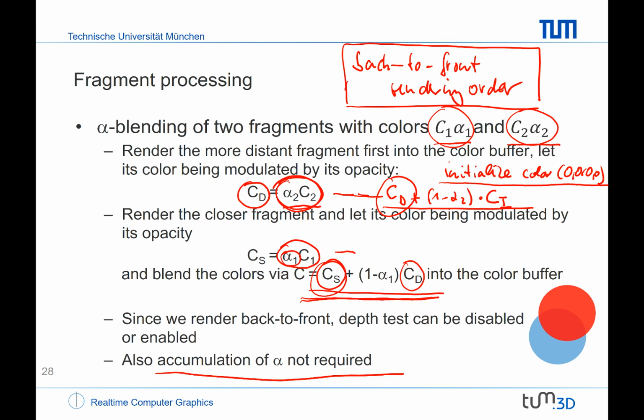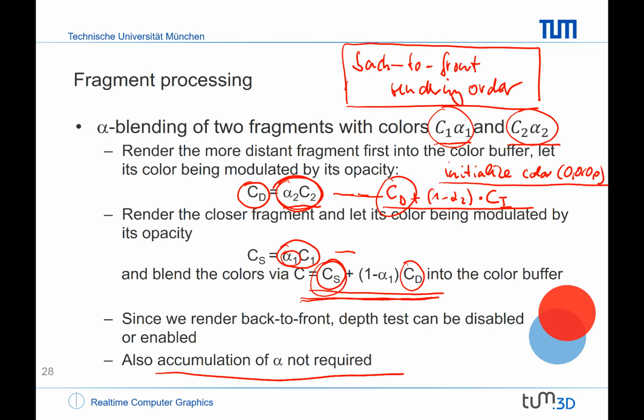If you cannot enforce that the objects are rendered in that strict back to front order, and they are rendered in an arbitrary order, then the blending you perform will give an incorrect result at the very end, because we have seen blending is not commutative. So you have to blend the objects together in a strict order.